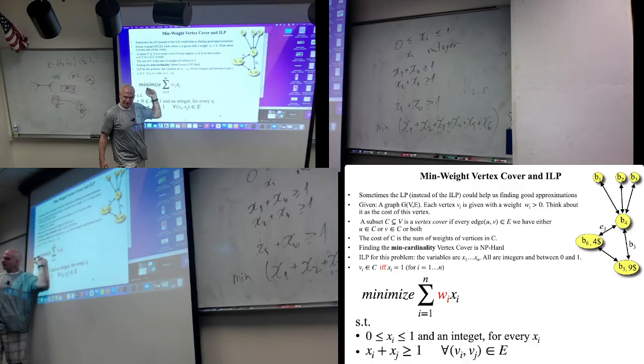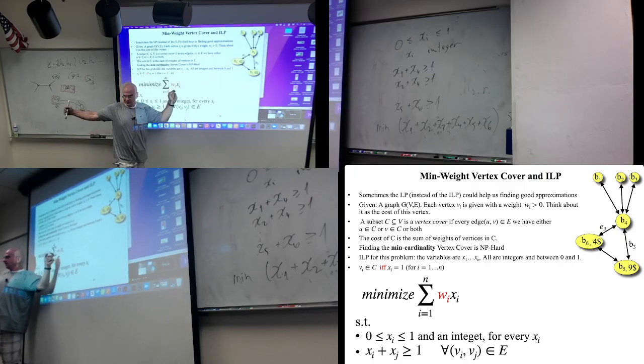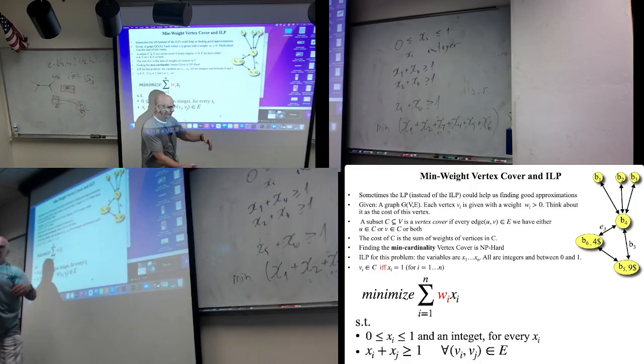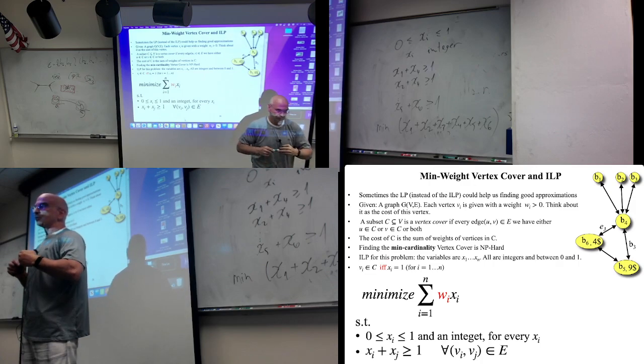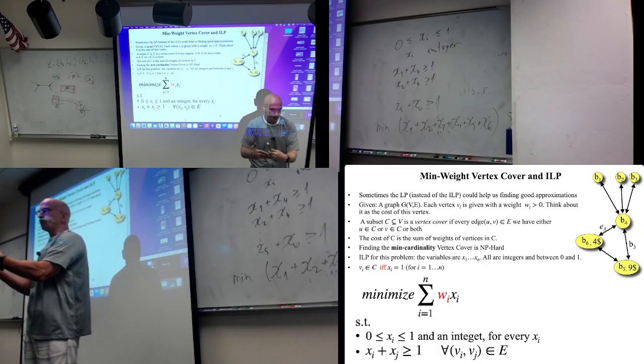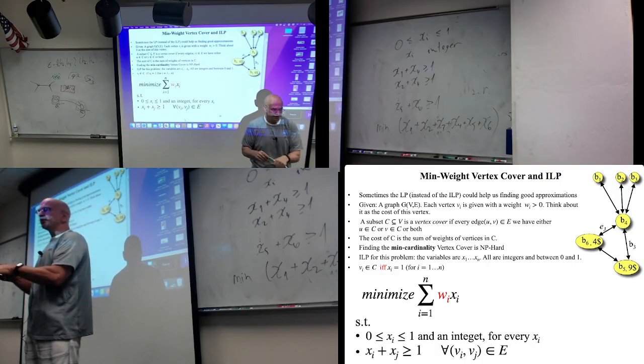What should I do if running the ILP is too slow, but I don't have an elegant, straightforward approach to get a constant factor approximation, that is, a solution that is not more than a factor of 2 the optimal? I have another solution.